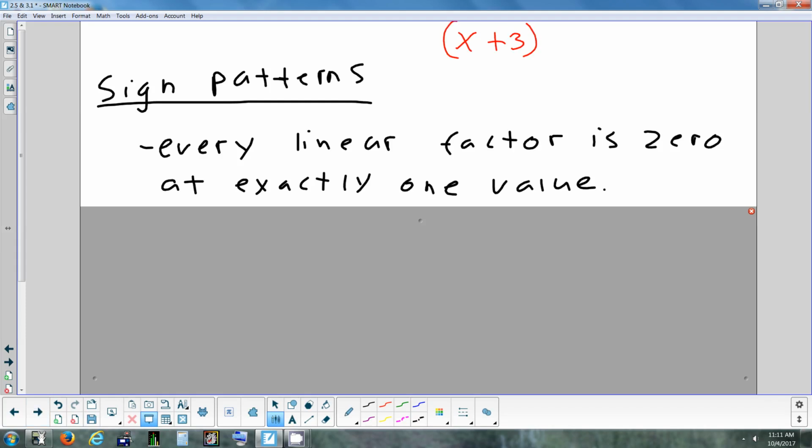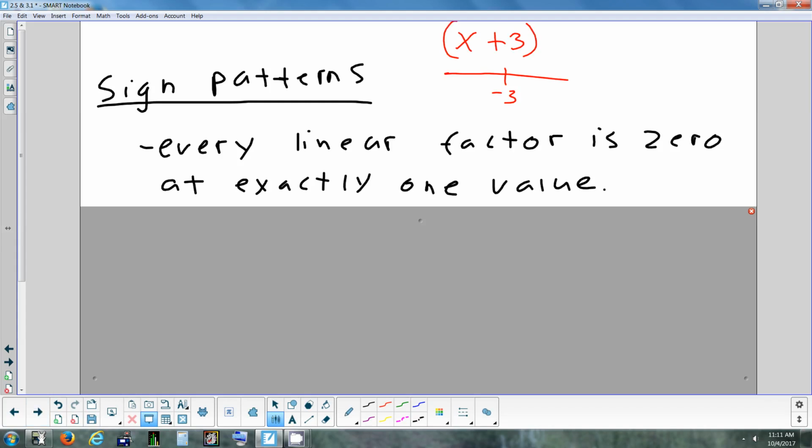There's one number you can plug in there that would make that 0. What number would you plug in to make that 0? You plug in -3. So I'm just going to mark that on a number line. That's the dividing point between, if you plug in an x value, are you going to get a negative result or a positive result? So that's the 0.